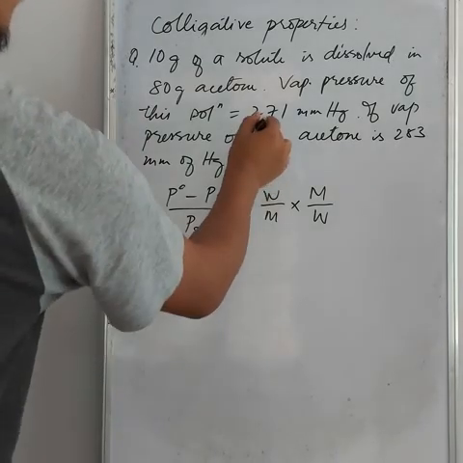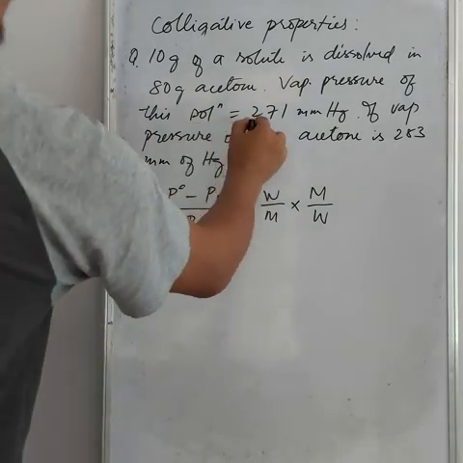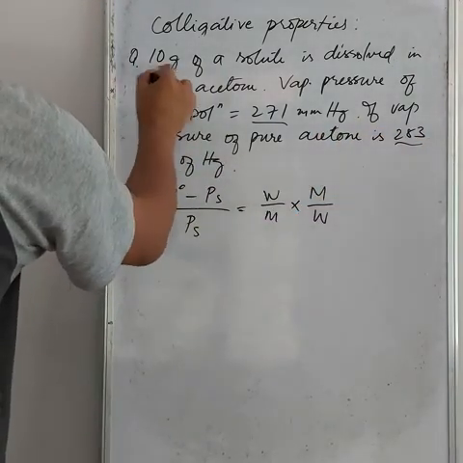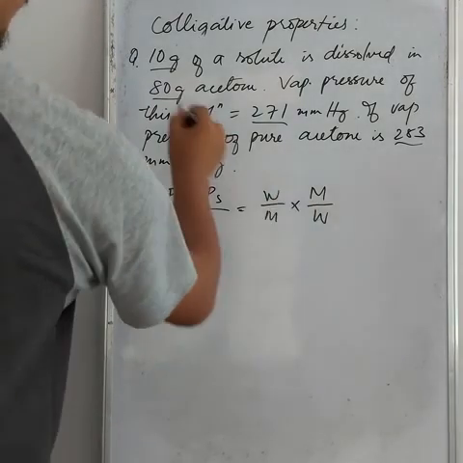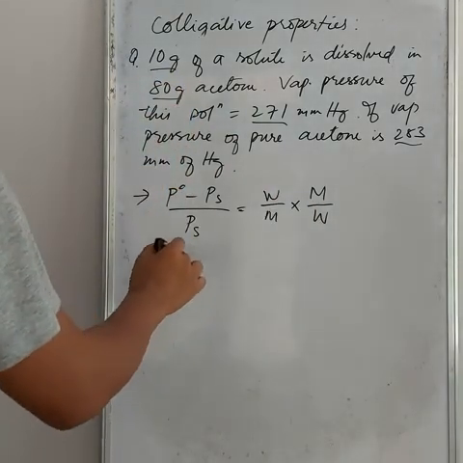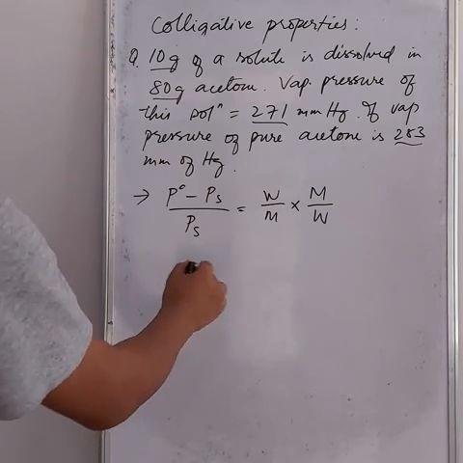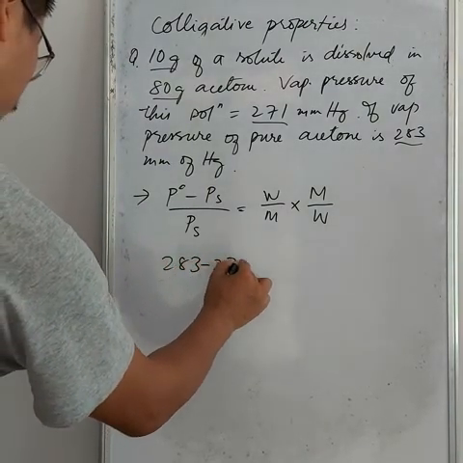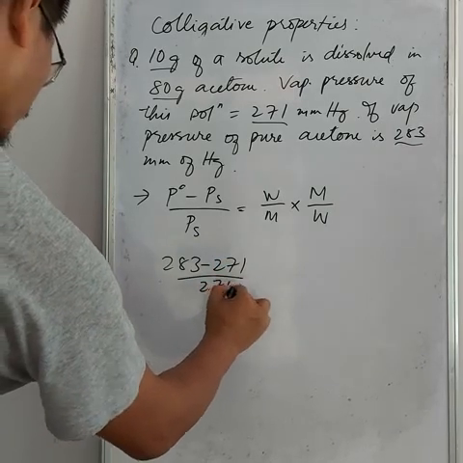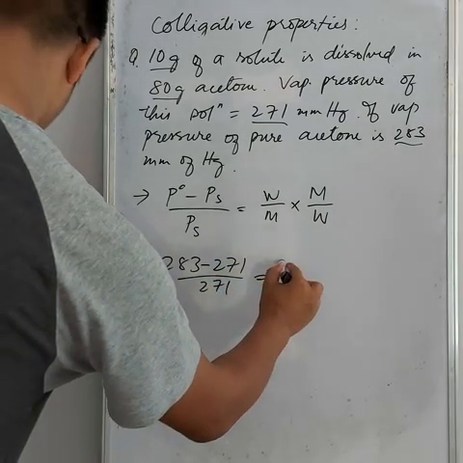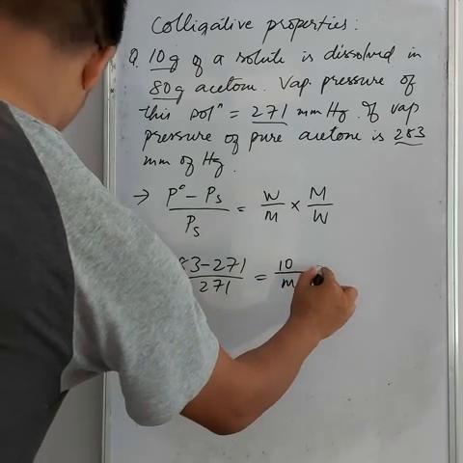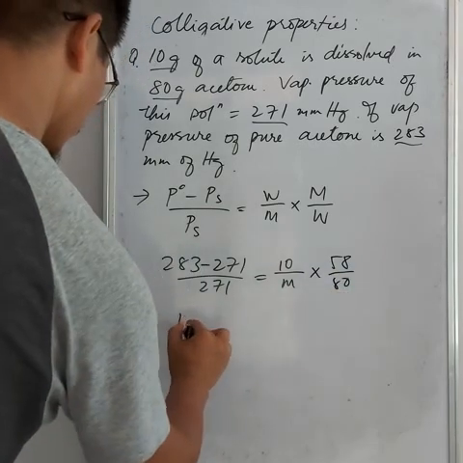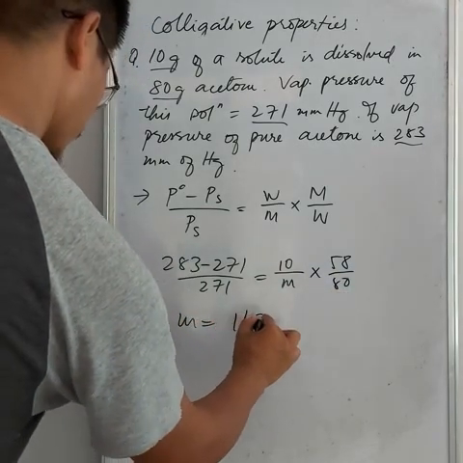The individual pressures are given, the mass is also given, the molar mass is also given. So we just plug in those values. 283 minus 271 over 271, then over m, that will be 2 into 58 by 80, so 163 grams per mole.